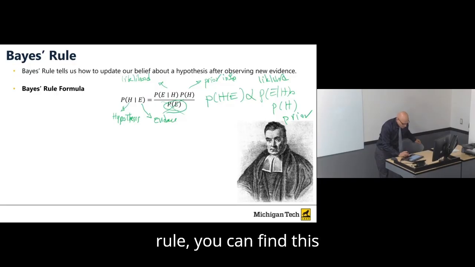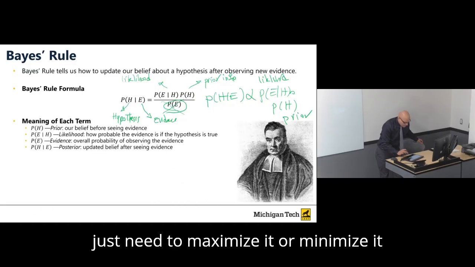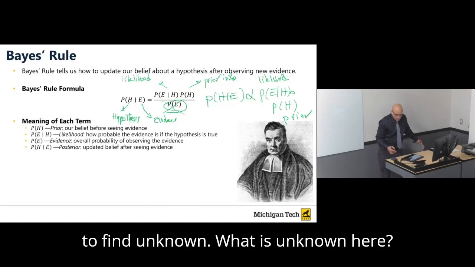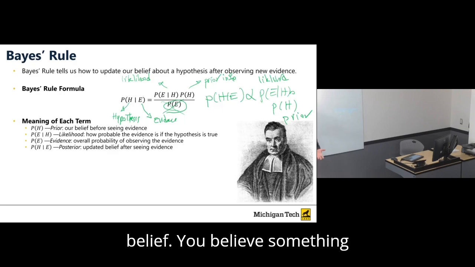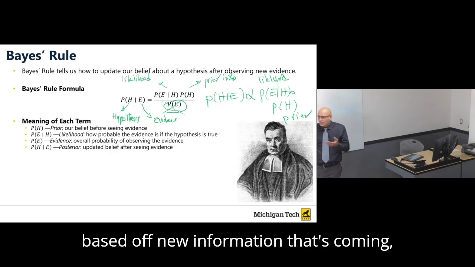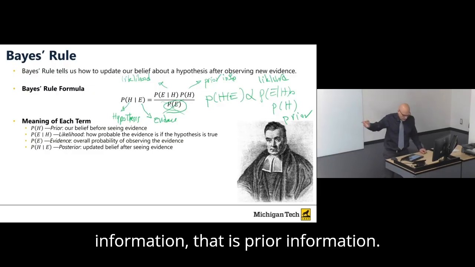With Bayes' rule, you can find this probability, and then you just need to maximize or minimize it to find the unknown. What is unknown here? The hypothesis, the belief. You believe something based off new information coming in, that is the likelihood, and based off previous information, that is the prior information.